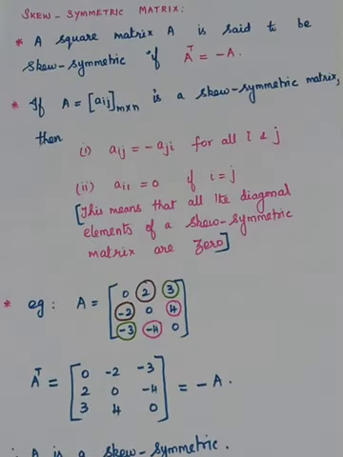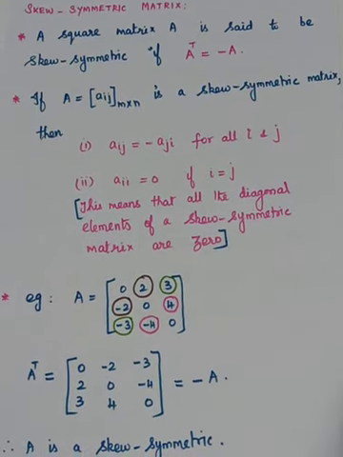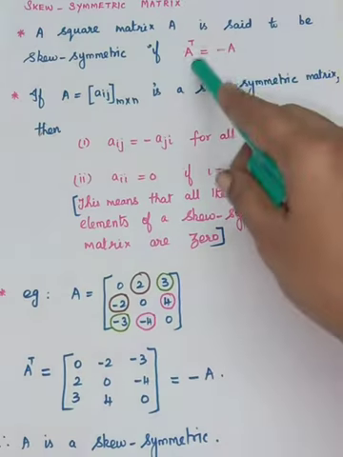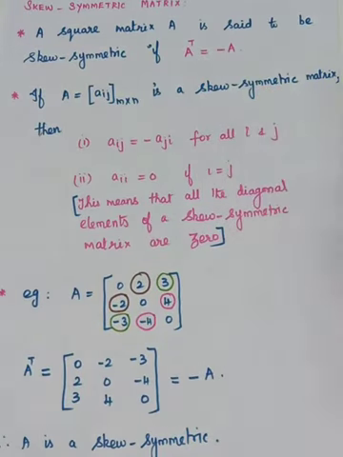Next, we are moving to the topic skew symmetric matrix. See that a square matrix A is said to be skew symmetric if A transpose is equal to minus A. A transpose equal to A is a symmetric matrix. A transpose equal to minus A means it is a skew symmetric matrix.